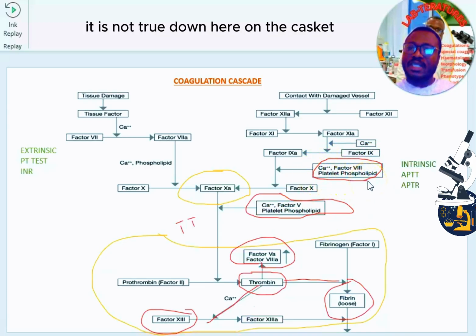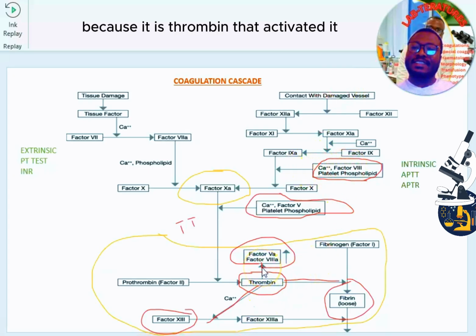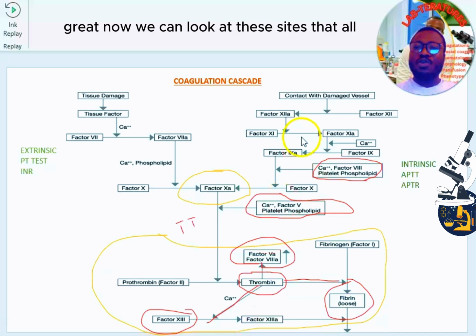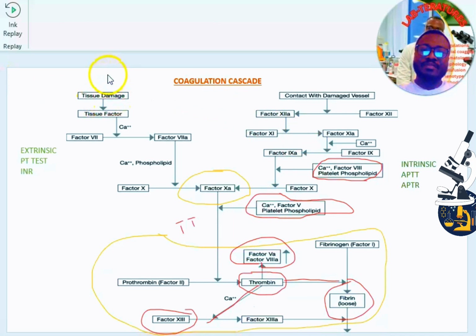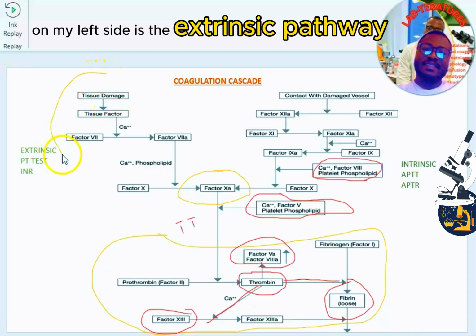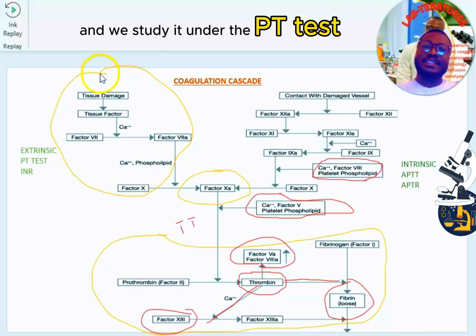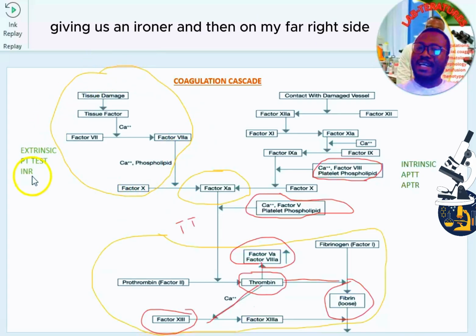It is not truly down here on the cascade. It is on its own because it is thrombin that activated it. Great. Now we can look at these sides: all the sides that will come up here on my left side are the extrinsic pathway, and we study it under the PT test, giving us an INR.